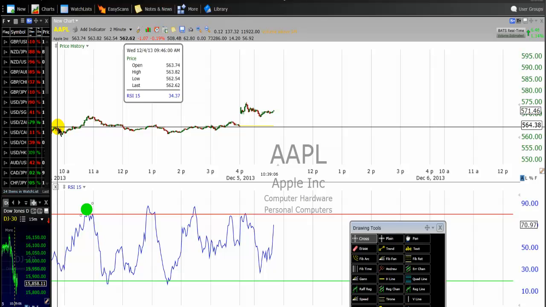We will also test it at different times of the day. We may test it during the first hour of the trading day or the second hour of the trading day, or we may test it during the last hour of the trading day or the trading session. So we may set different rules depending on our risk tolerance or what we are trying to achieve.